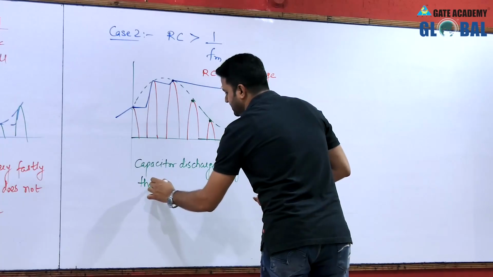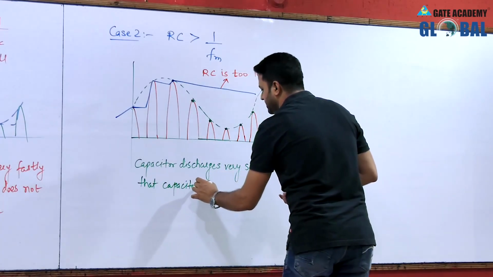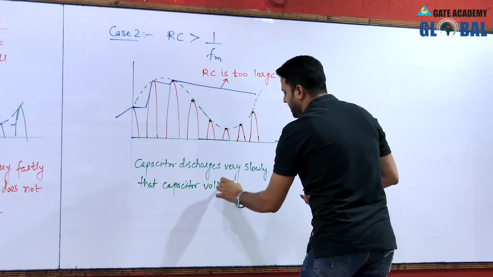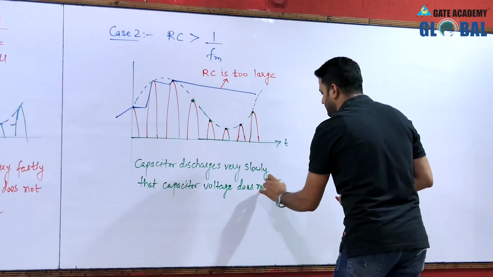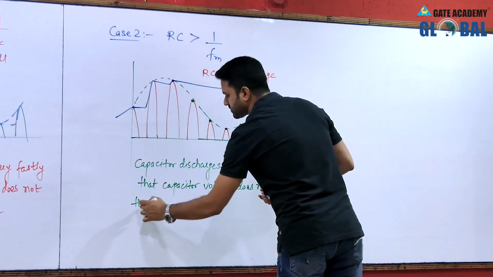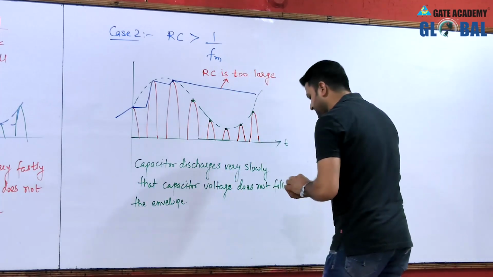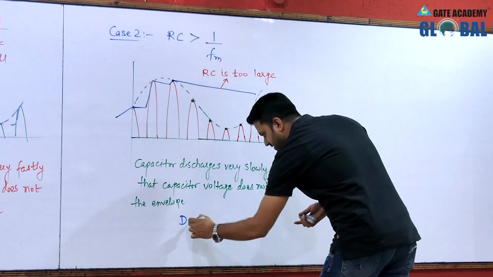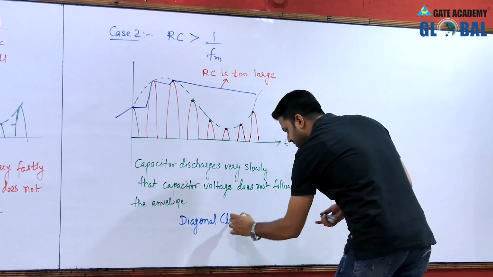That your capacitor voltage again does not follow the envelope. And this effect is known as diagonal clipping.